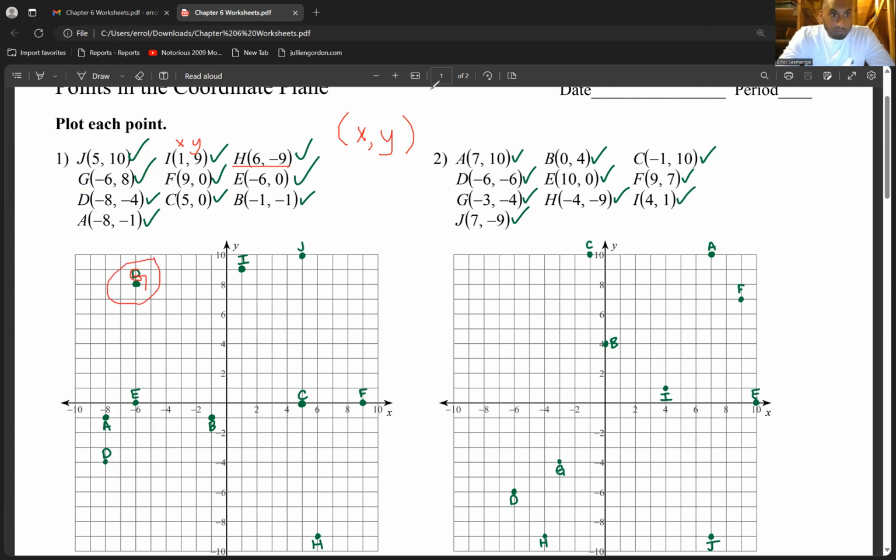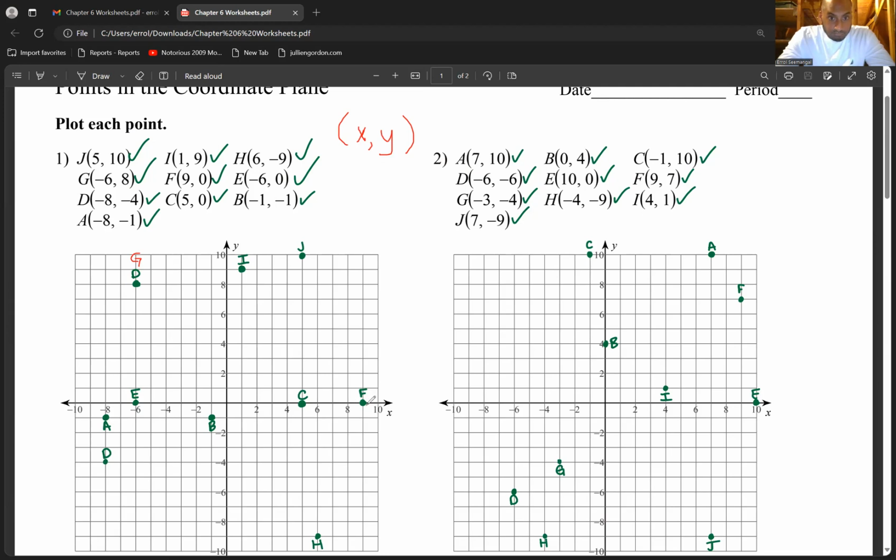That one should be G, as in good. It's not D, it's G. This one right here, (-6, 8). -6 is right there, and 8 is right there. So just relabel that as G. Okay, that one's G.